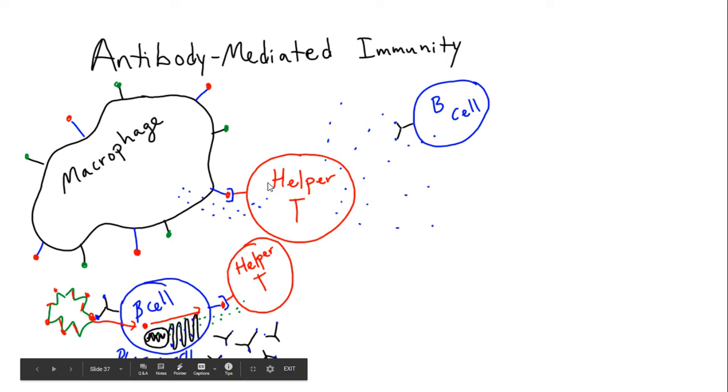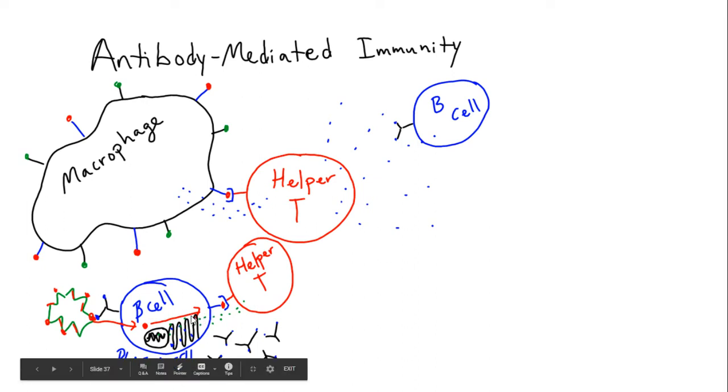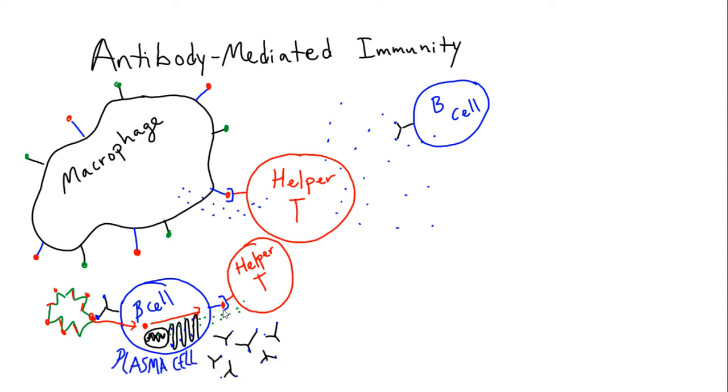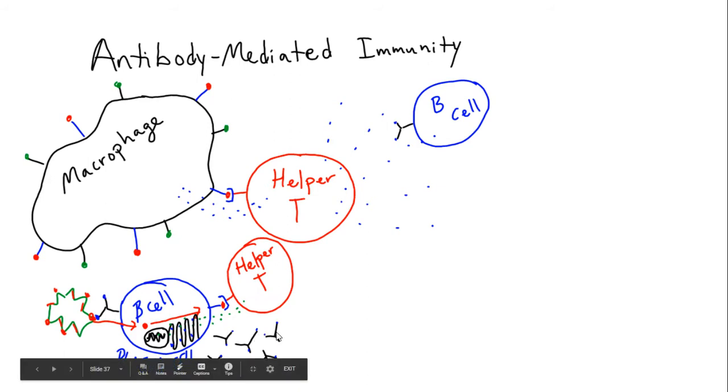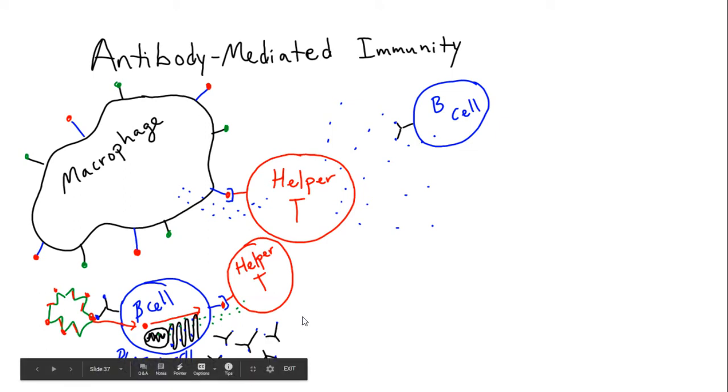The helper T will go from the macrophage, and once it's activated, it will interact in direct contact with the B cell and send out cytokines, which will then cause that B cell to become a plasma cell, which mass produces antibodies. Those antibodies, these proteins, will be sent out to clump and agglutinate and neutralize all that pathogen in our system so it can't infect us.